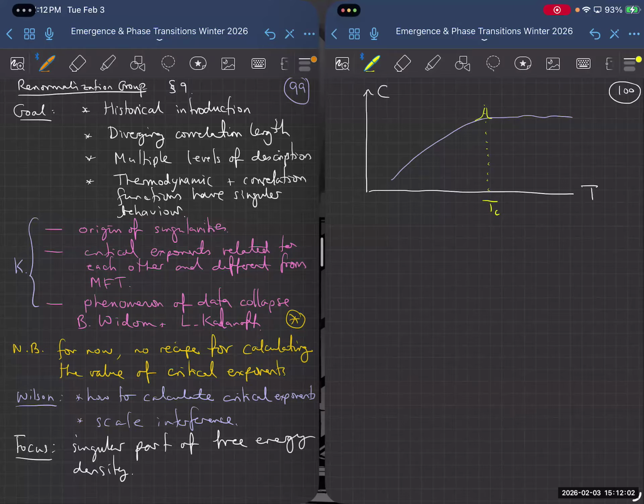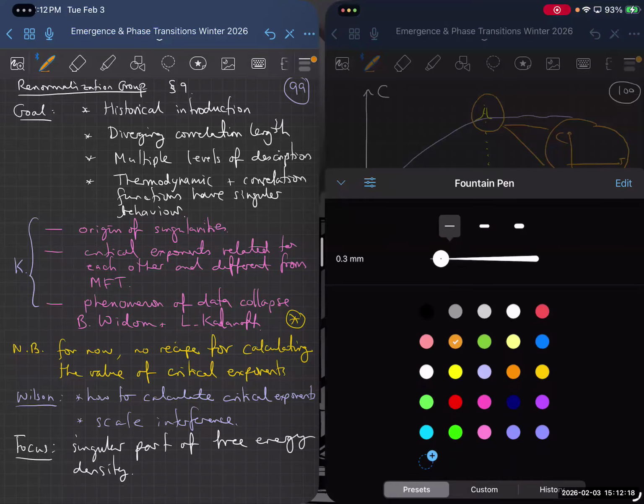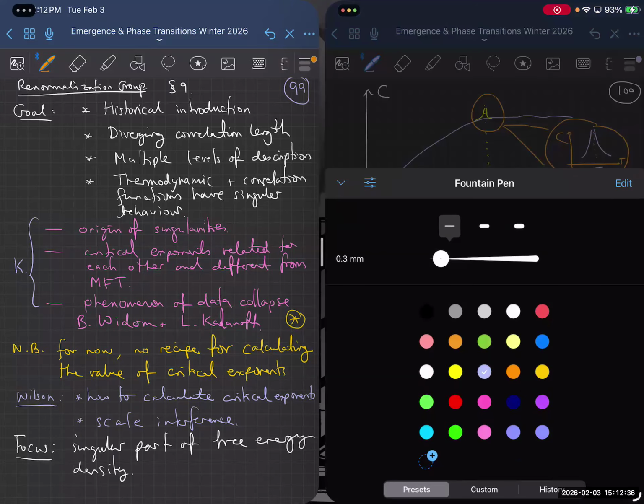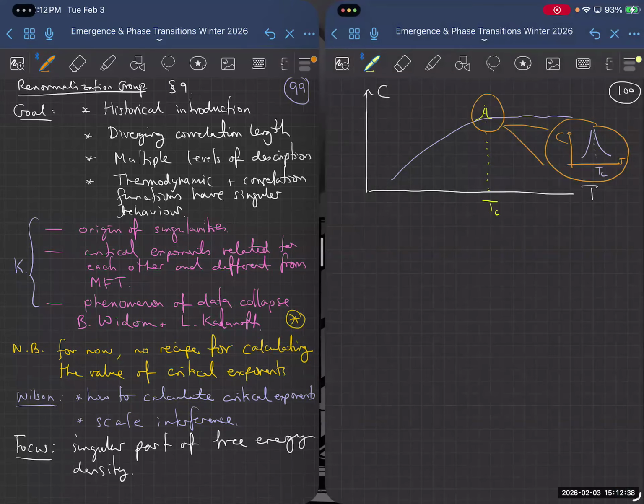If I were to zoom in on this blip, which is what we are essentially doing in this whole course, it looks like a huge power law divergence at TC. That's the thing we're interested in, but it's just a little blip on top of the actual heat capacity. So we care about the singular behavior.